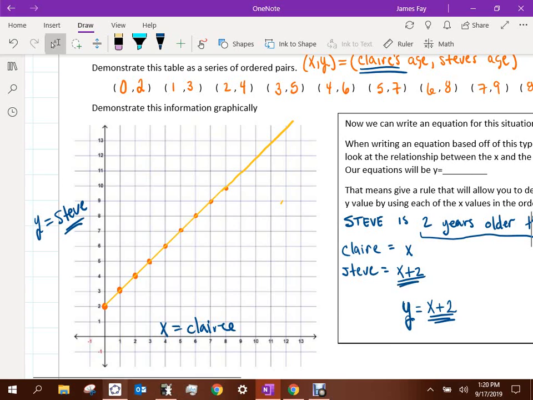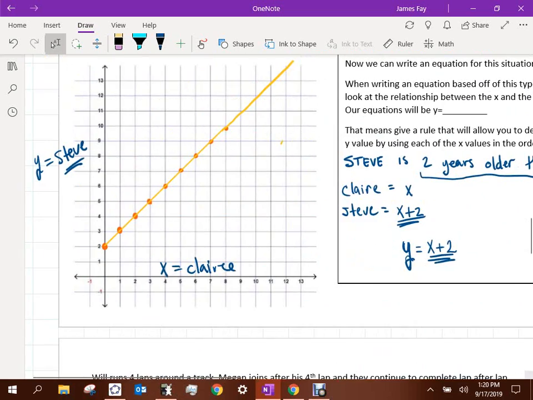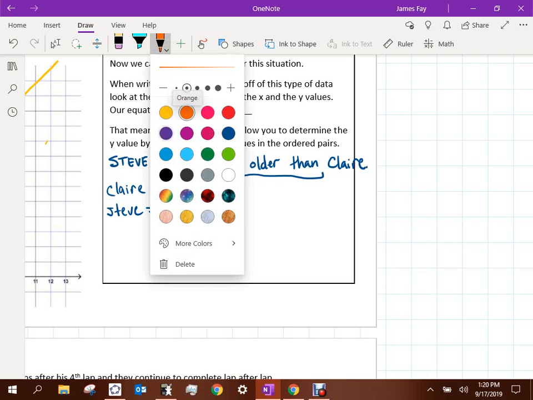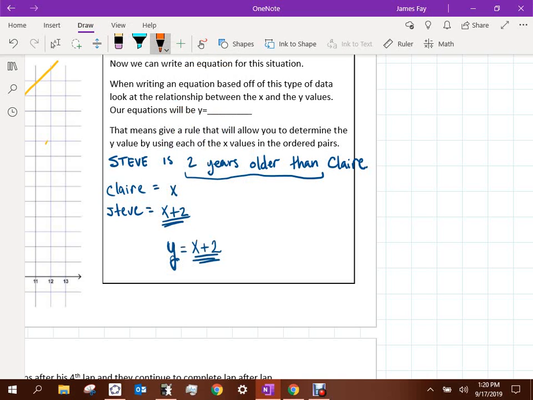Okay? Now, I think that's the hardest part. I think that is very difficult a lot of times until we see more and more and practice that. That might be a hard thing to do for people. But once you have an equation that you think is valid, you should always be able to check it using your ordered pairs.